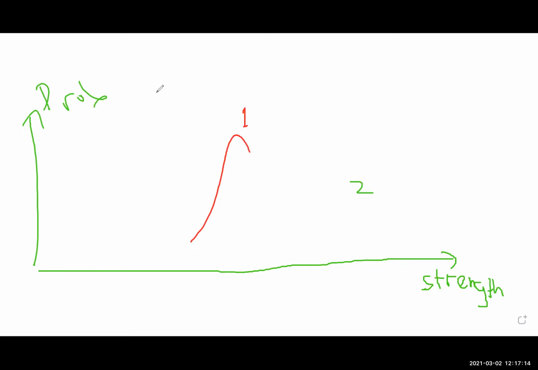So this is my product number 1, and this is my product number 2. The area under the curve is the same, the total is 1, right? So my question to you, which product has higher quality, product 1 or product 2?